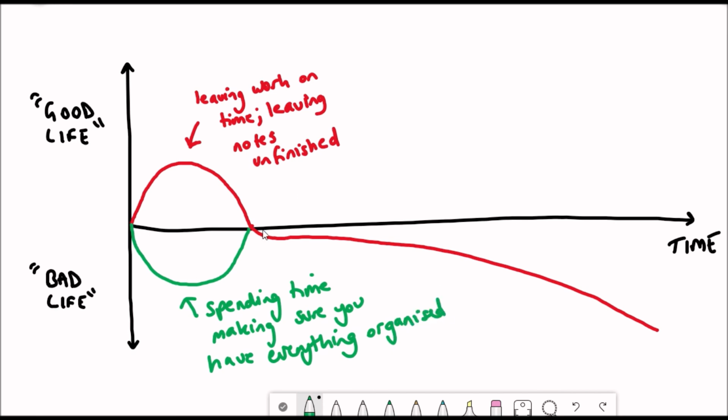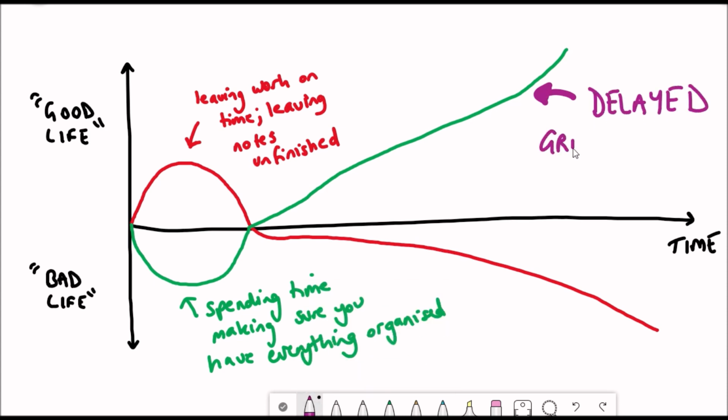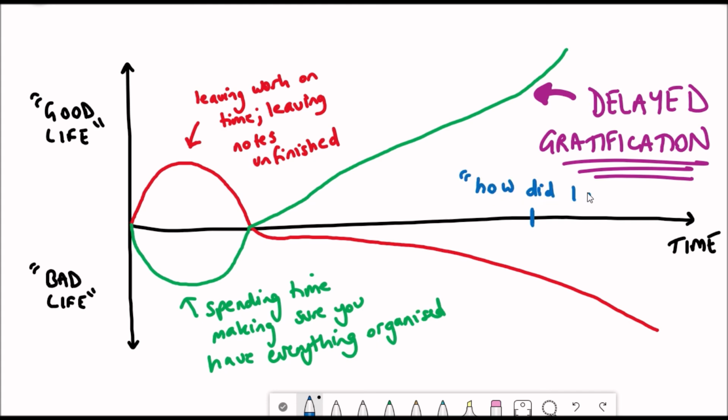We just want to sometimes go home, have a cup of tea. And so we do these things that in the moment give us that positive, good life feeling. But later on, as we well know, we come back to it and we go, hang on a minute, I don't really know what I did. And it has negative long-term consequences.